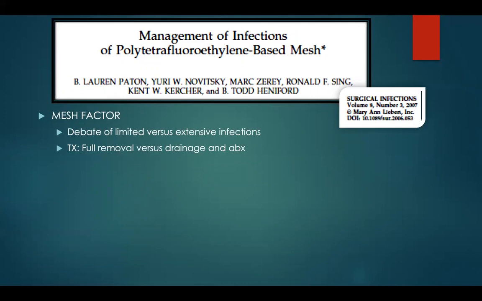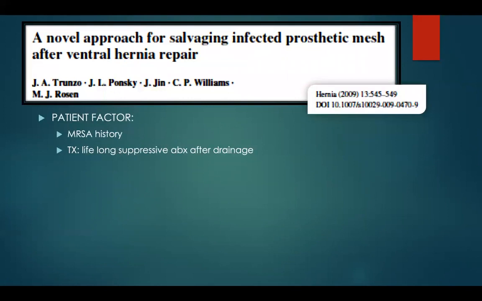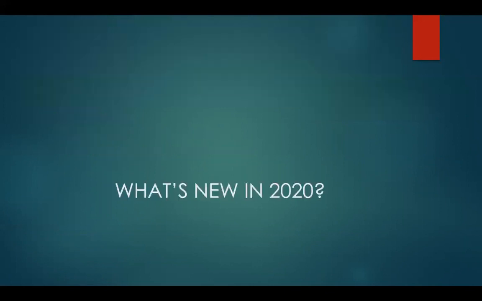And you'll see here from Dr. Henneford's group, as well as when Dr. Rosen published in 2009, his consideration of not only the mesh factors, as Dr. Henneford had published, but also patient factors, the MRSA history in a patient. Even when you can salvage the mesh, they're on suppressive lifelong antibiotics, and that was a consideration of what's better or best practices for the patient and their repair.